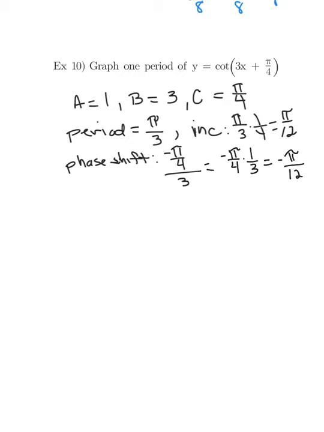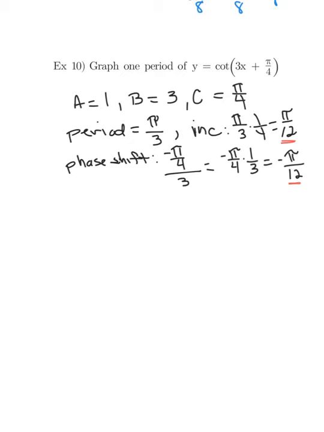And it's very convenient that our increments and our phase shift are already the same denominator, so we don't have to mess around with that. Now remember that when you need to do a phase shift on a tangent or a cotangent, you have to move the 0 value first. On cotangent, the 0 value is at pi over 2. And I need to move pi over 2 left pi over 12.